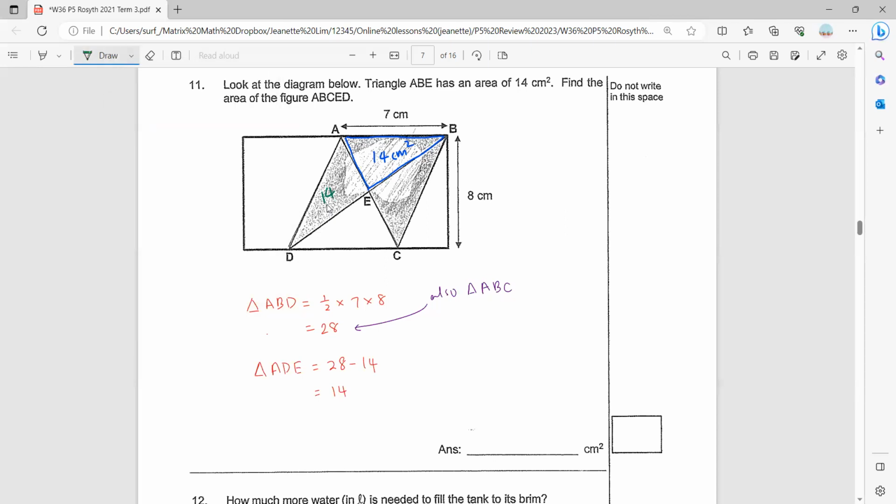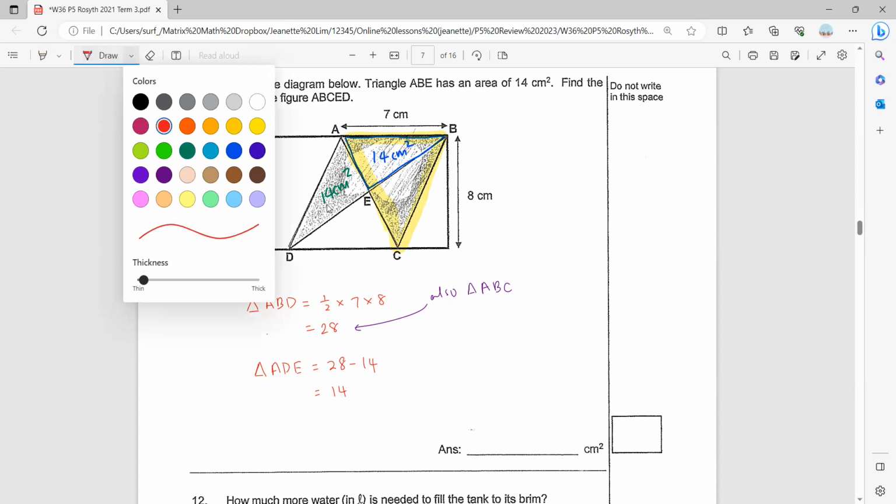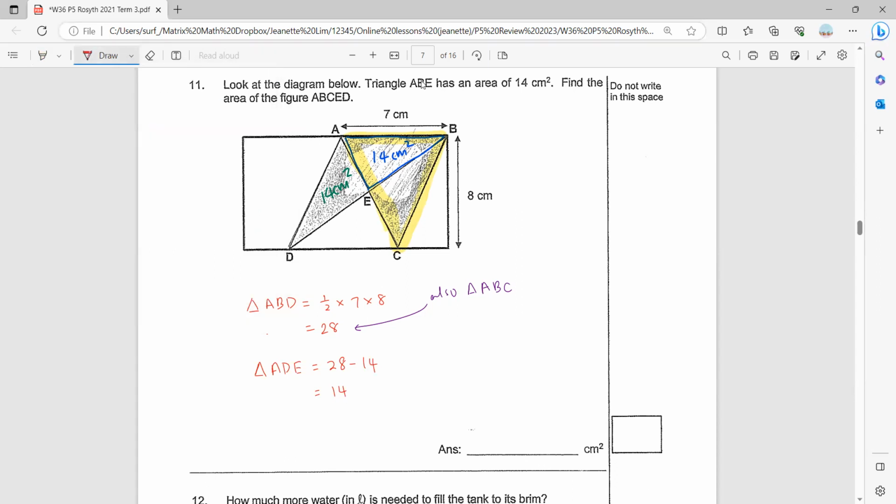So this is also 14 square cm. Now what we want to do is we take this and add it to this 14. So this yellow one is 28. 28 plus 14 equals to 42. So answer 42 square cm.